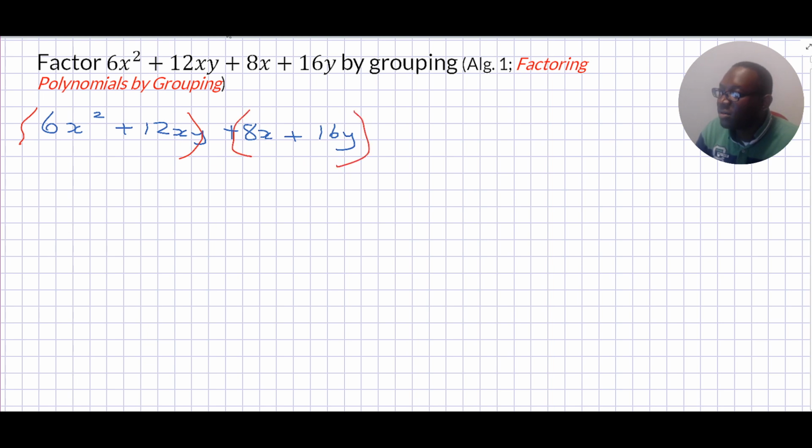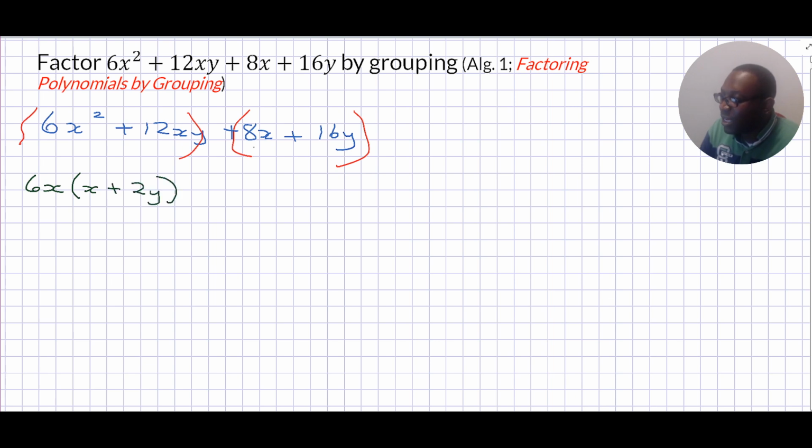So let's factor each of these. The greatest common factor of these two terms is going to be 6x. We divide 6x squared by 6x, we have x, and then we divide 12xy by 6x, we have plus 2y.